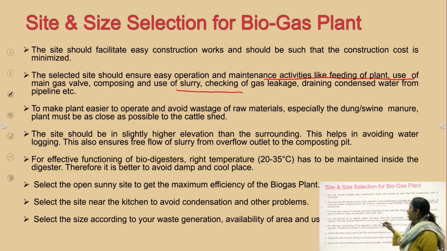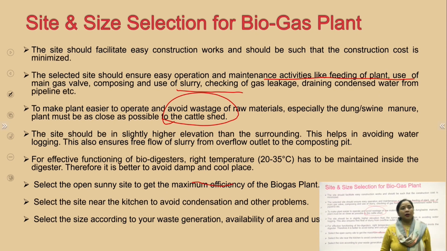To make the plant easier to operate and avoid wastage of raw material, especially dung, the plant should be as close as possible to the cattle shed. That is the biggest thing. We can avoid more hassle by building a plant near the cattle shed, so that we can transfer the animal waste easily to the biogas plant.